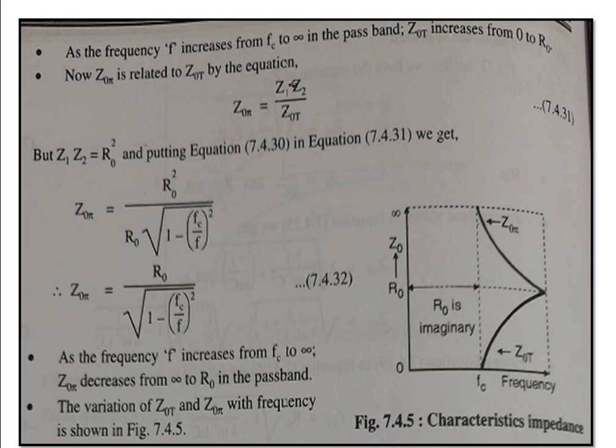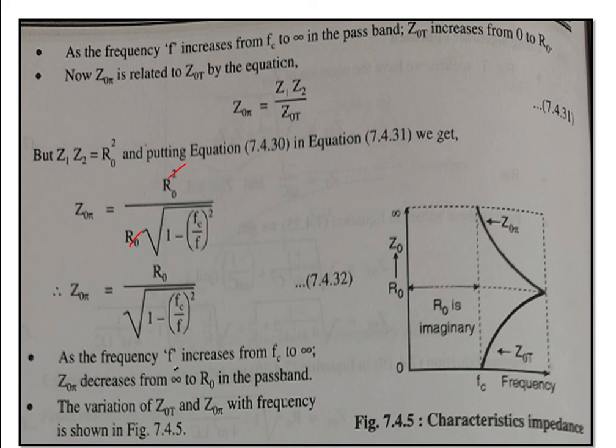From that equation, Z1 Z2 is equal to R0 square, and putting equation 30 into 31, ZO pi is equal to R0 square upon R0 root of 1 minus fc upon f. Then this R0 and this square get cancelled out, and the remaining term is ZO pi equal to R0 upon root of 1 minus fc upon f square.